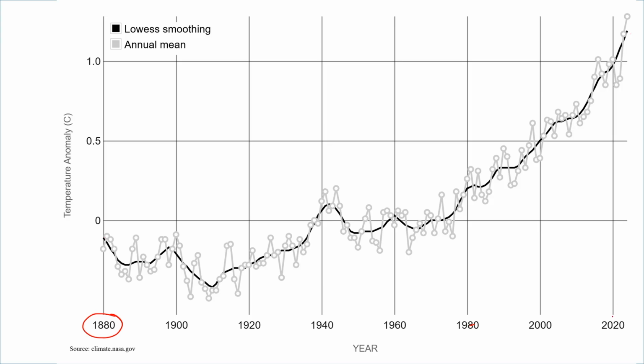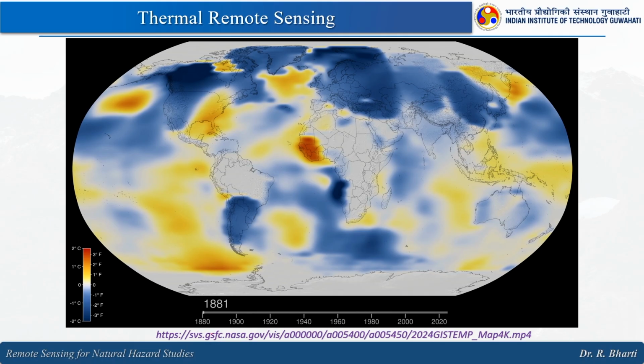So, the change in the temperature over the past few years starting from 1980, it is approximately 1.5 degrees Celsius, right. This is another video which is available from this particular website which is from NASA.